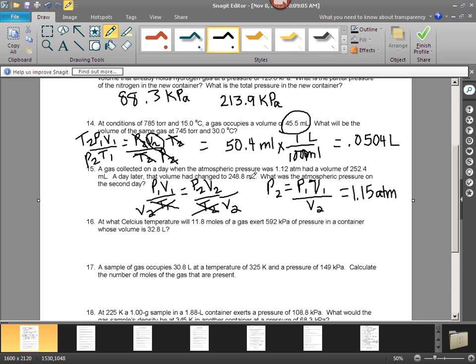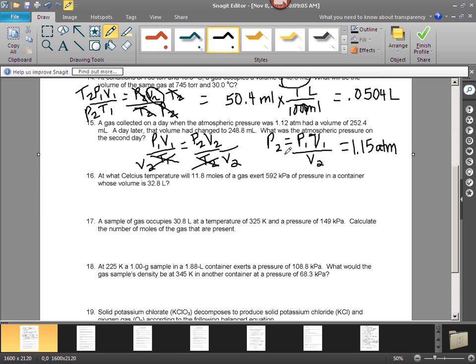Our volume went down, so we expected an increase in pressure, which indeed happened. And that inverse relationship that is always expressed with 2 different variables being multiplied together, that is what we expected to have happen. Just a little drop in volume because of a little increase in pressure.